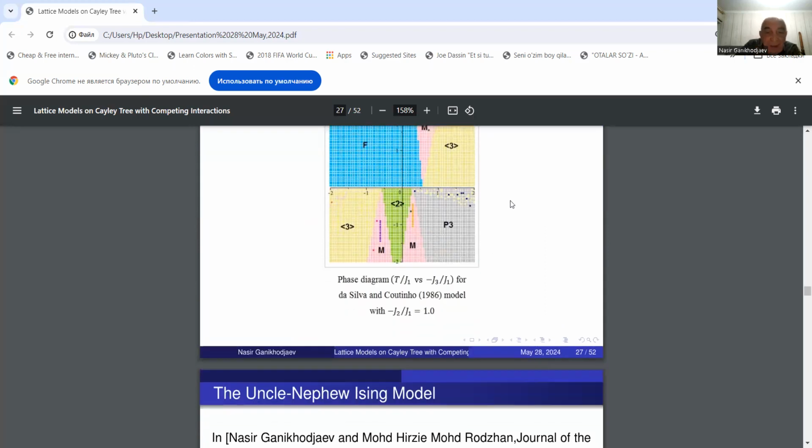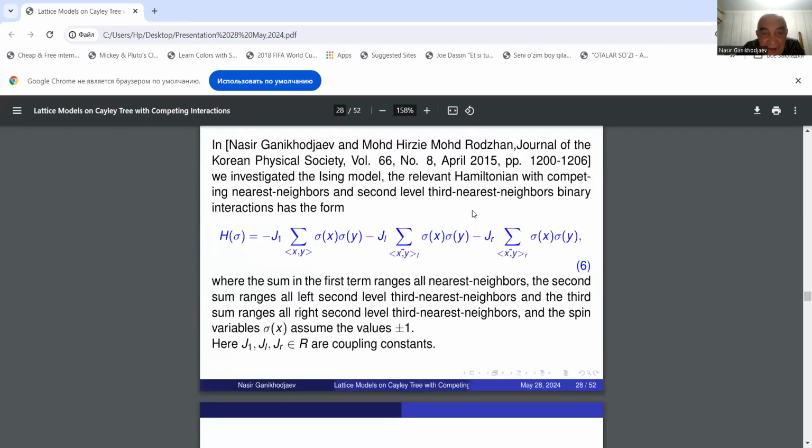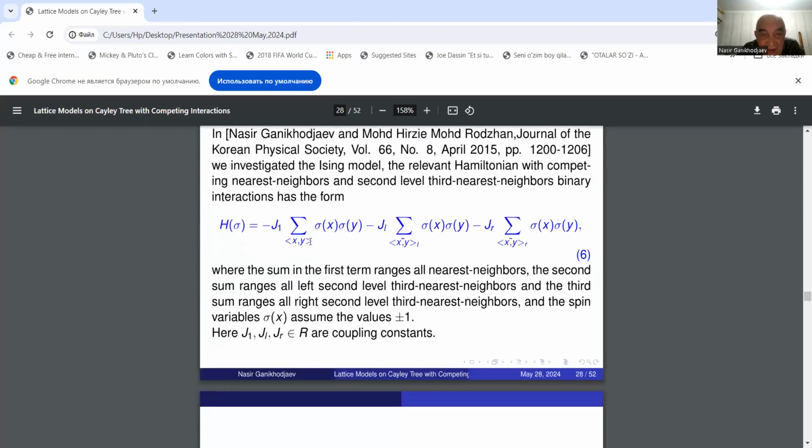So later we consider a model where we consider interaction of nearest neighbors and the interaction of third neighbors, but where the third neighbors belong to different branches.